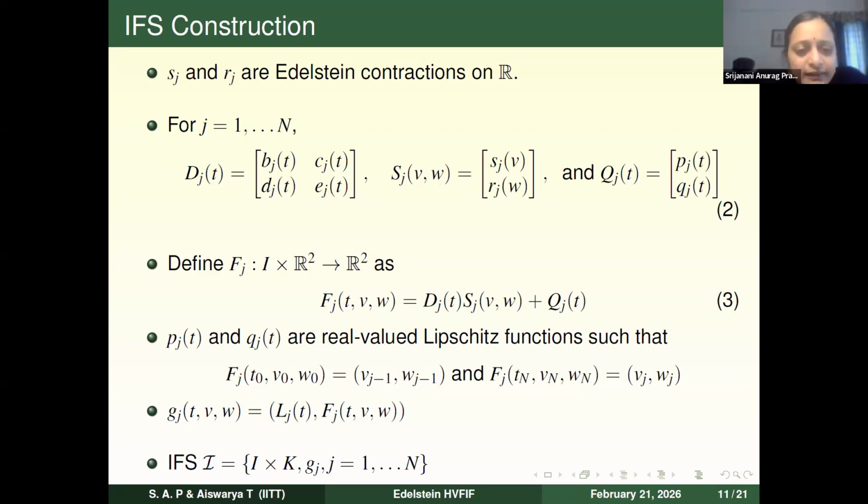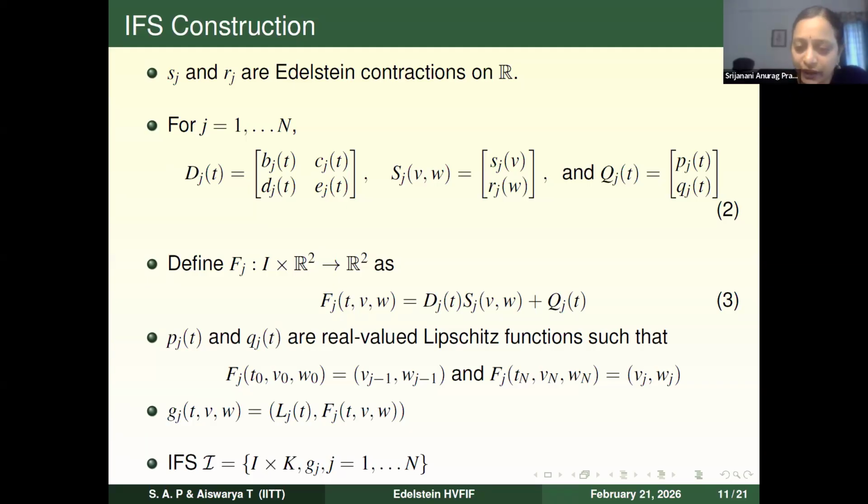So with this definition of little Gj on the space I cross K, where I is a compact interval and K is a compact set, my I cross K is compact. So we define on that compact metric space the function Gj.